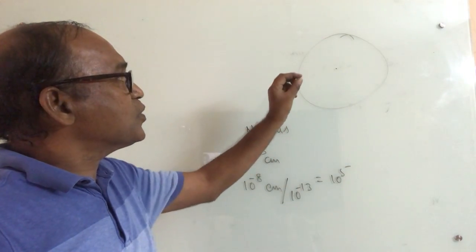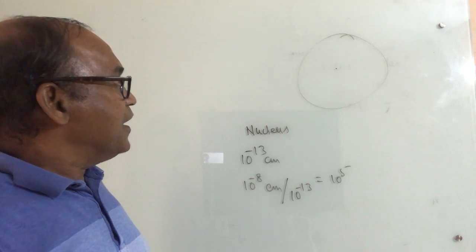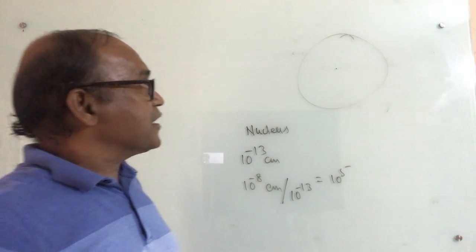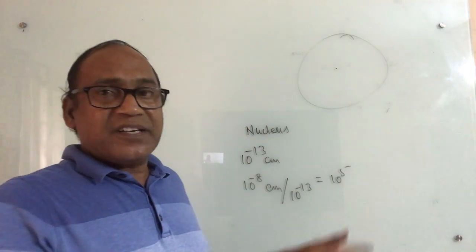Nucleus size is so small, and this can be explained with a magnified view.